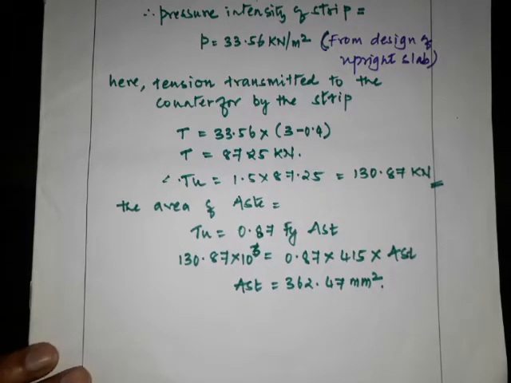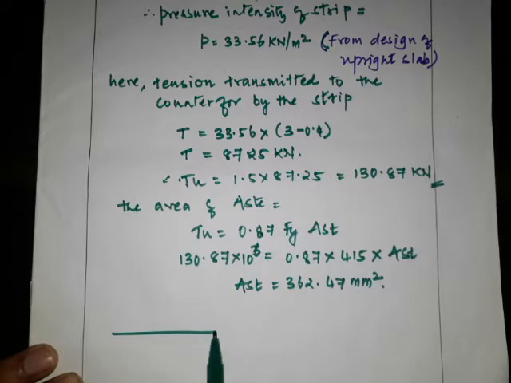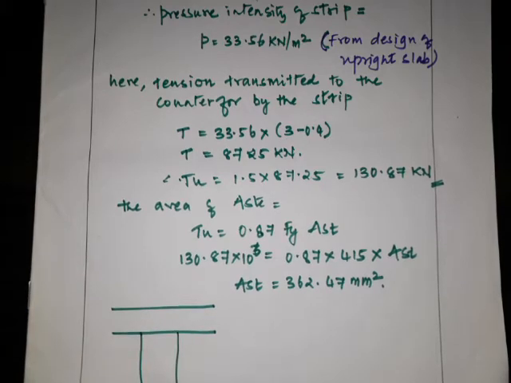Suppose in the plan this is the stem, and we have the counterfort like this. Now we have to provide connection, we have to make it a joint, or make it rigid.